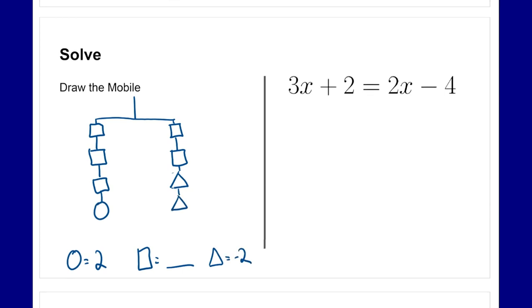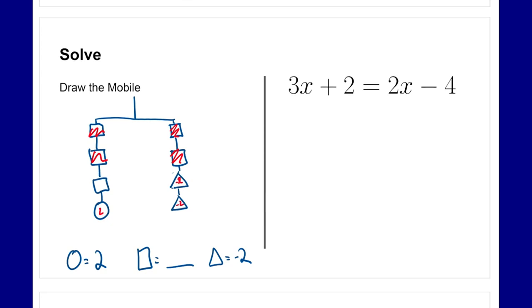So now let's go through and try to solve. I want to get all my squares on one side. So let's say I get rid of these two, get rid of 2 on this side to balance it out. So I'm left with an unknown, I'm left with 2, and I'm left with -2 and -2.